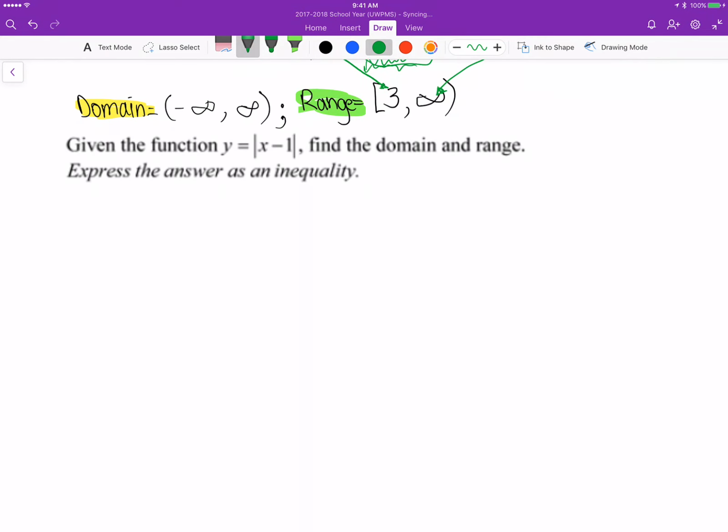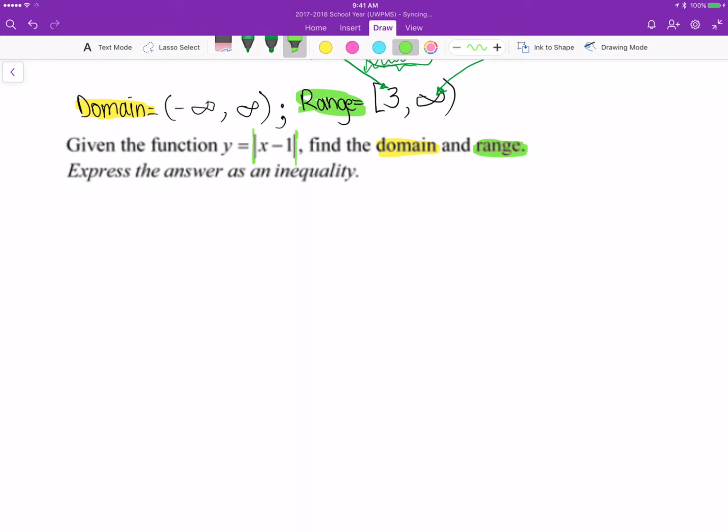Okay, now let's look at the given function. We're looking at the domain and range again. Domain, x values; range, y values. And here's the curious thing.